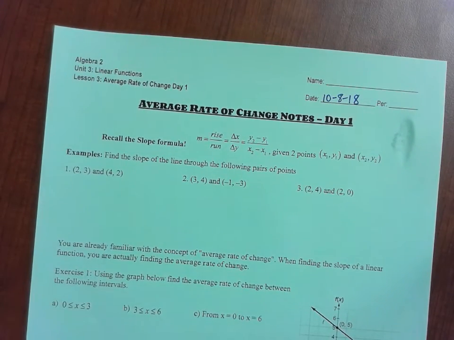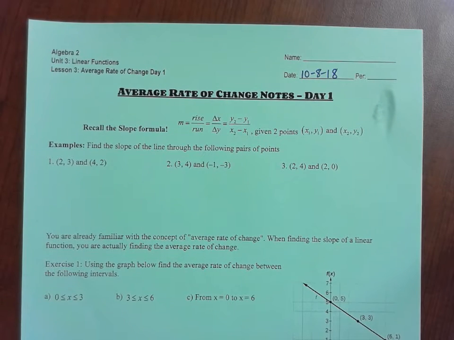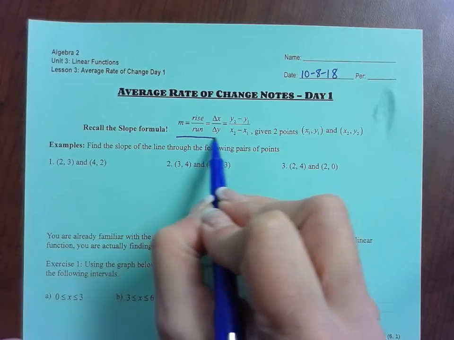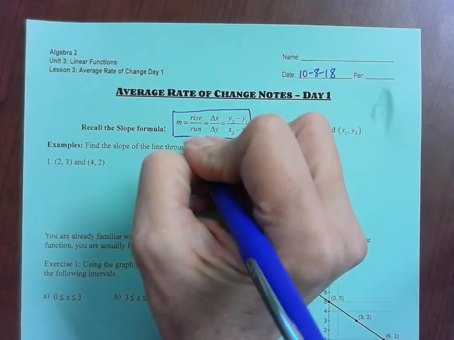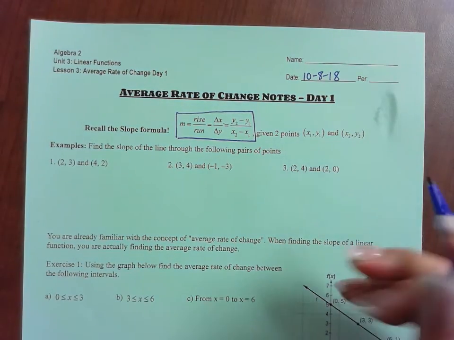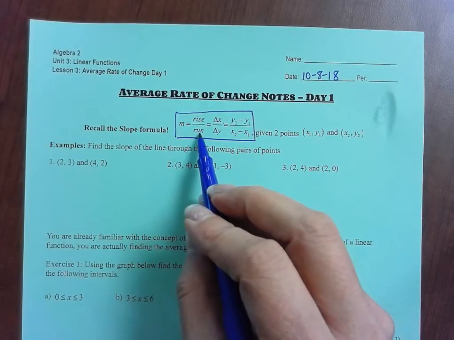Okay, so let's go back in the memory banks just for a minute to do a refresher of average rate of change. Remember our slope formula, okay? M is equal to rise over run.